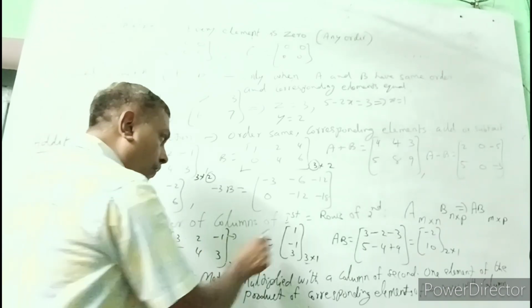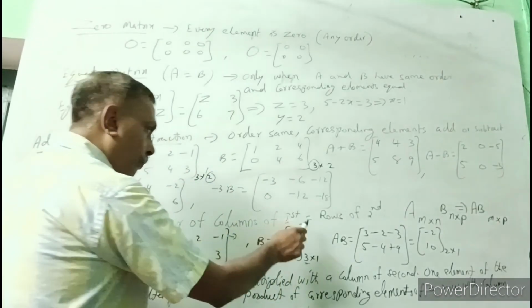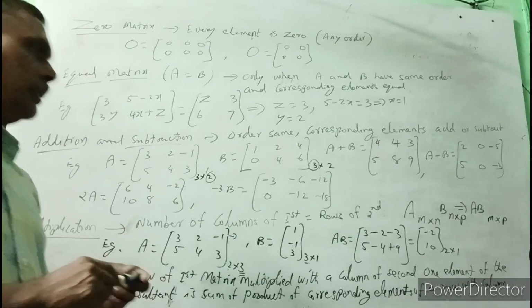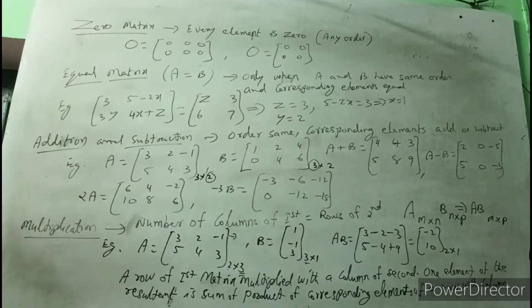So that's the procedure. Multiplication is a little important and a little difficult also. So you have to practice more to get it. I will give you some other examples after this.